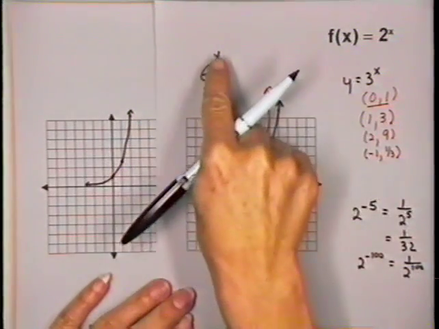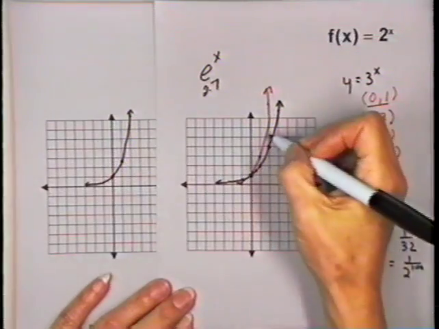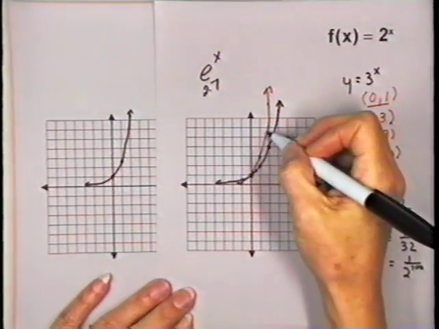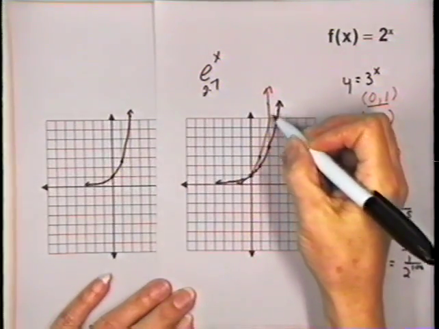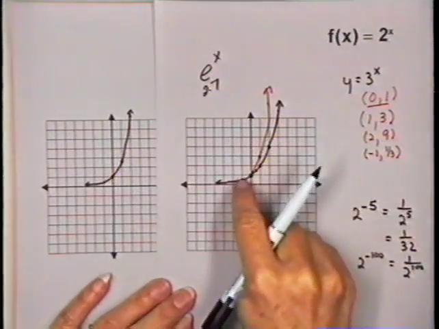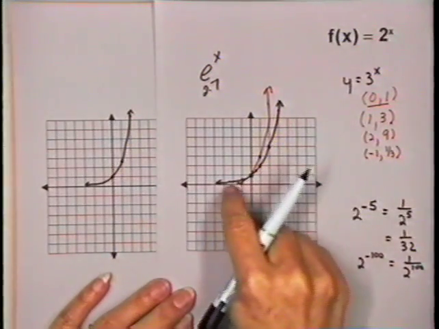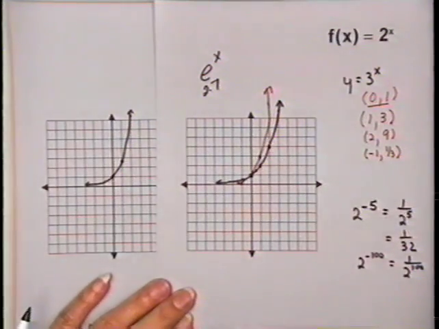If I had graphed this e to the x on the same graph with these, it would be between these two graphs because it would rise faster than 2 to the x, but not quite as fast as 3 to the x. And coming down here, it would be in between because, again, it would come down a little bit faster than 2 to the x, but not quite as fast as 3 to the x.